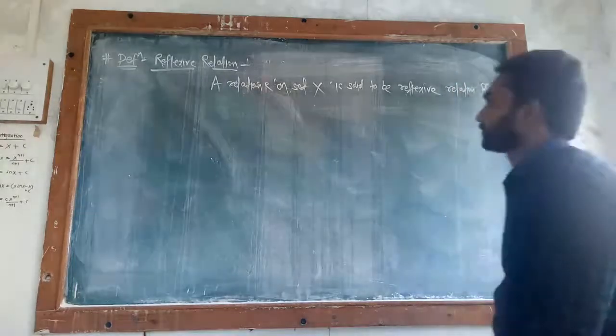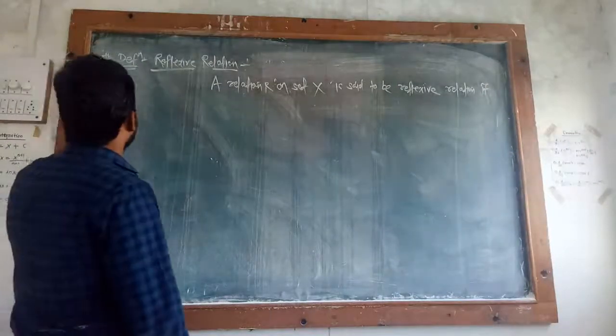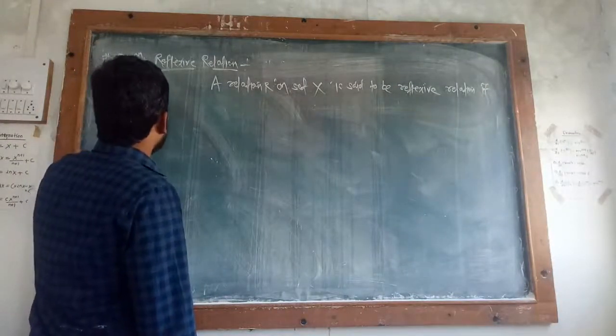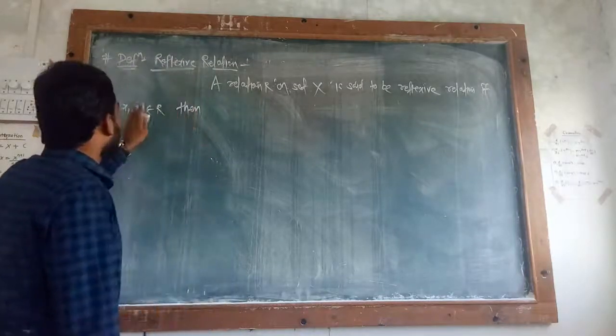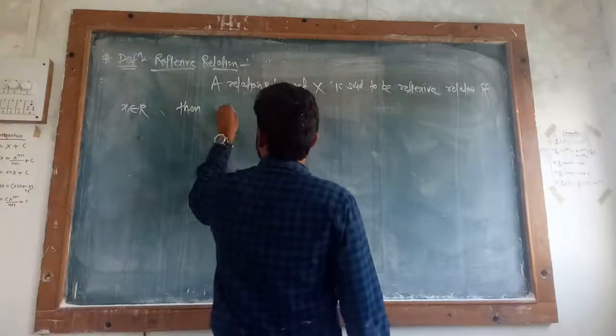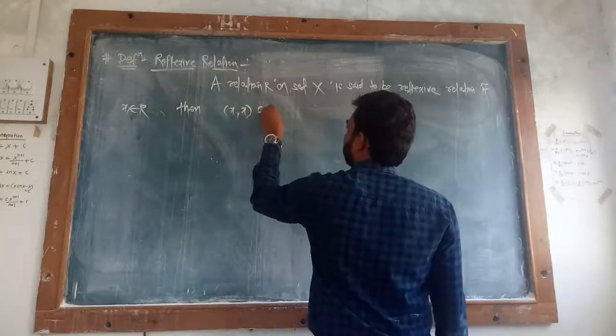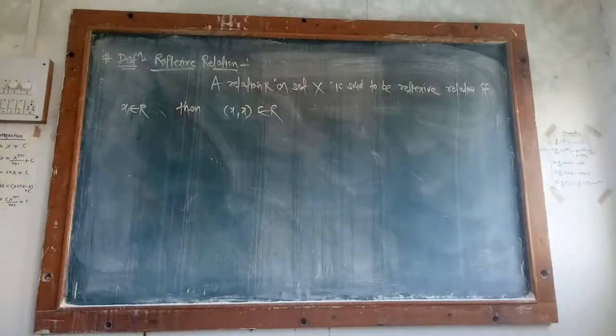if (x, y) is an element of R, if x is a member of R, then (x, x) is a member of R. Then this relation is a reflexive relation.